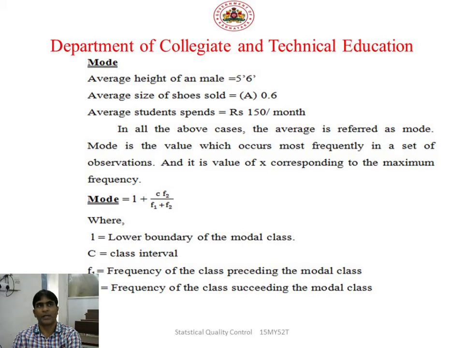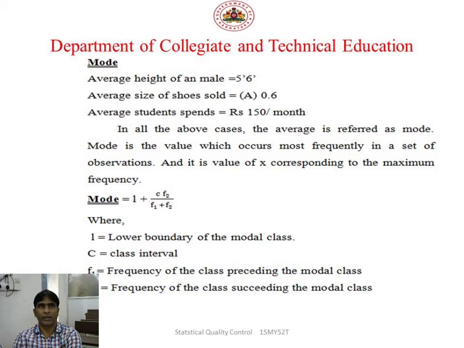So we are referring to such values. In all the above cases, the average is referred to as mode. So the mode is a value which occurs most frequently in the set of observations, and that we call mode.